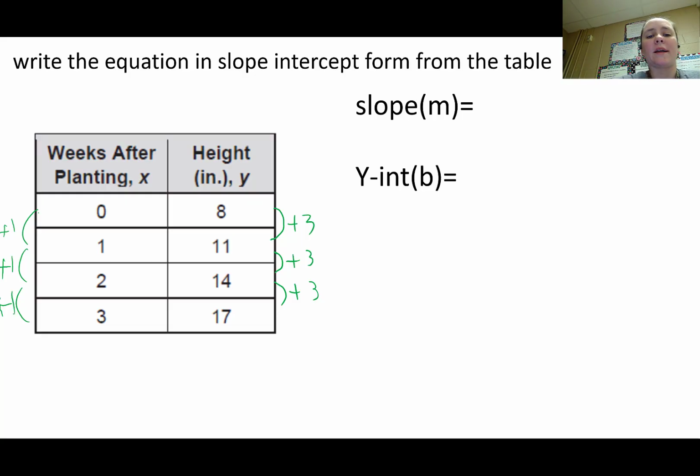But remember, I can also pick 2 points on my line and plug them into this formula here.